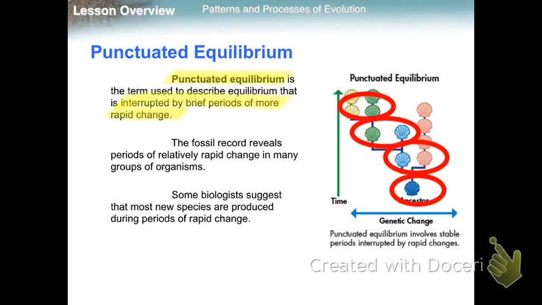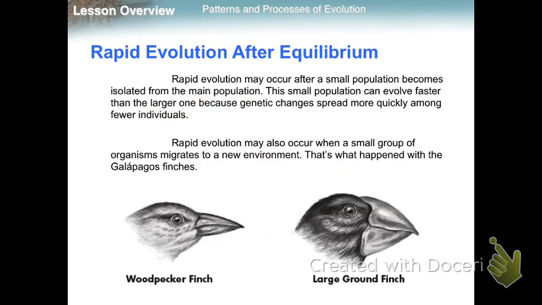So there are periods of relatively rapid change in the fossil record, and again, the fossil record is far from complete. So scientists are sort of divided on which type of evolutionary changes really happened.